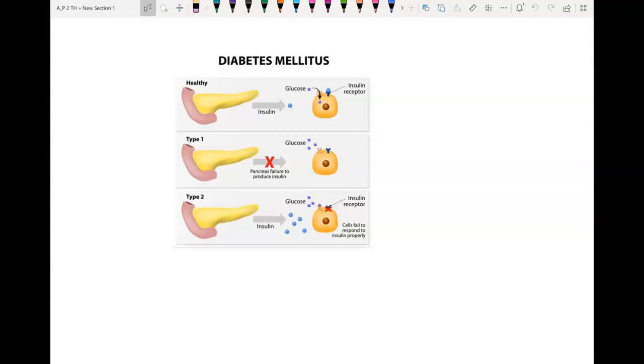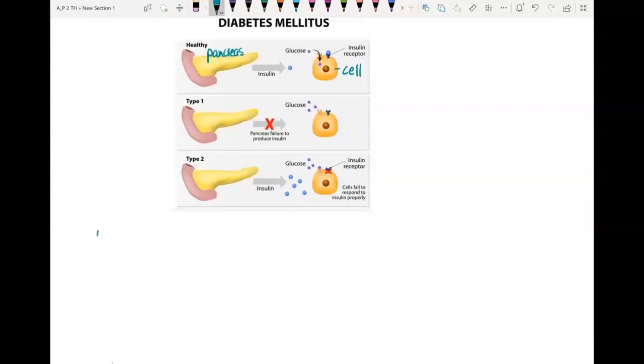Let's look at diabetes mellitus and see what's happening here. So here is the pancreas, and here is a cell. So if we look at this situation, the healthy situation. In a healthy situation, you get rising blood glucose.